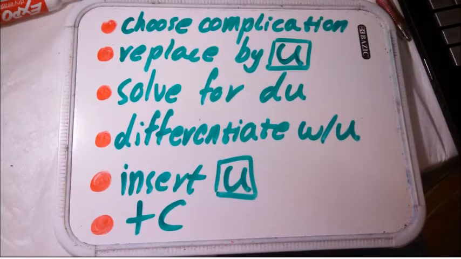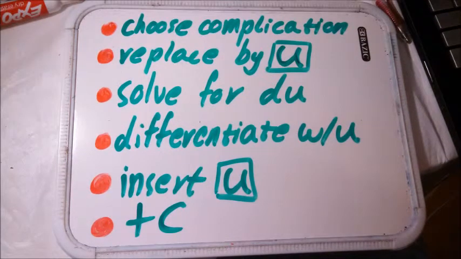The final overview of how to solve a U-substitution with an indefinite integral is to choose the complication, meaning choose the simpler part of the problem to be equal to u. Then replace whatever it is by u, solve for du, and then integrate with the u plugged in.